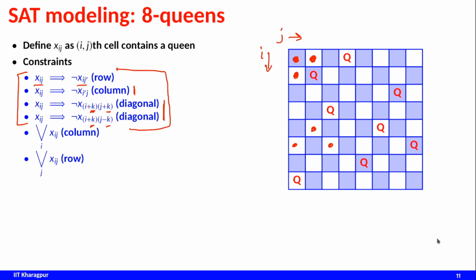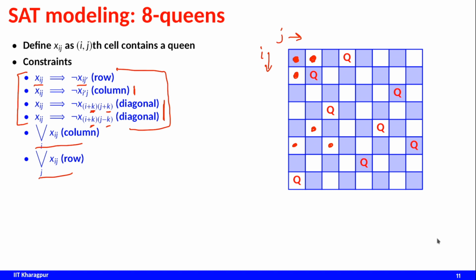So I need to ensure that in each row and in each column I should have one queen at least, and that we can specify through this constraint, that if we do a logical OR along the row and along the column for each row and each column, then that will be true.